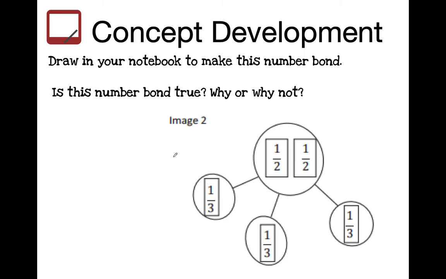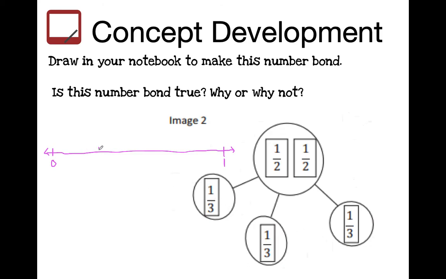Now I am going to draw a number line to show you why I think this number bond is true. So I'm going to start off by drawing my number line. Okay, and I'm going to label the endpoints as 0 and 1 because we're talking about one whole. Now I'm first going to notice that this is broken apart into thirds.